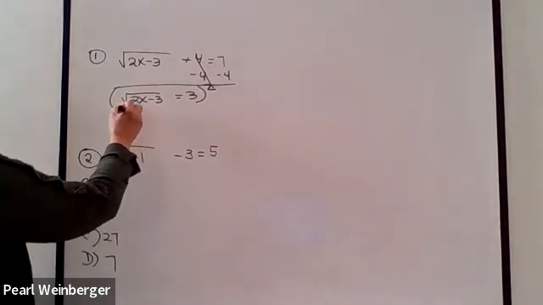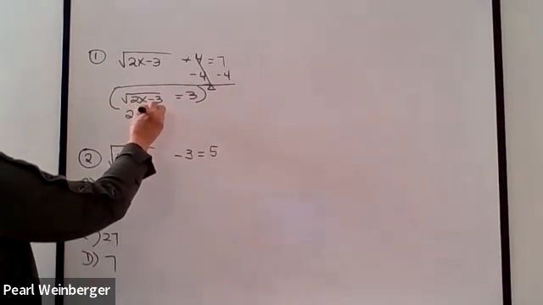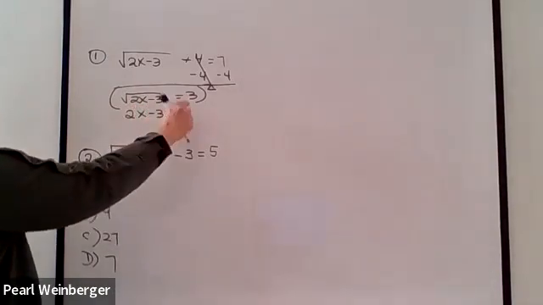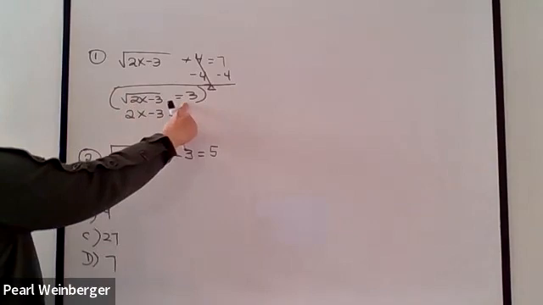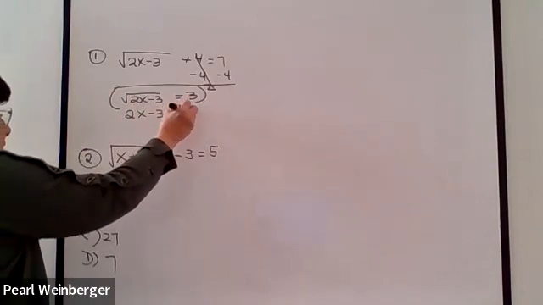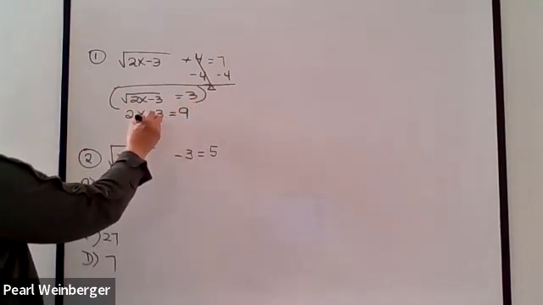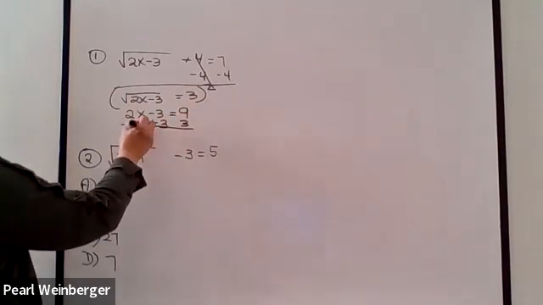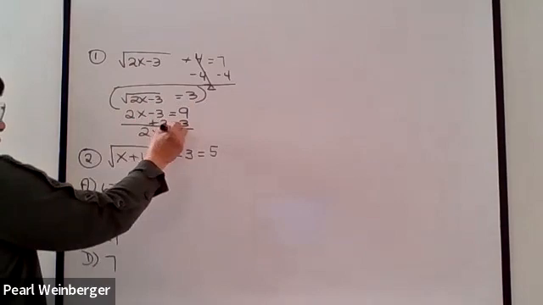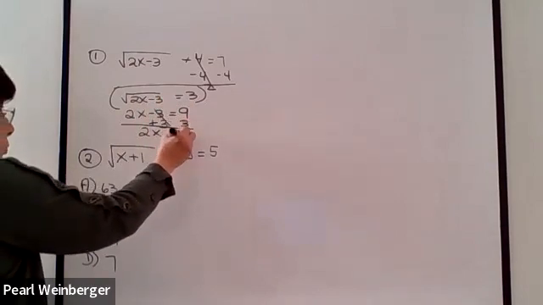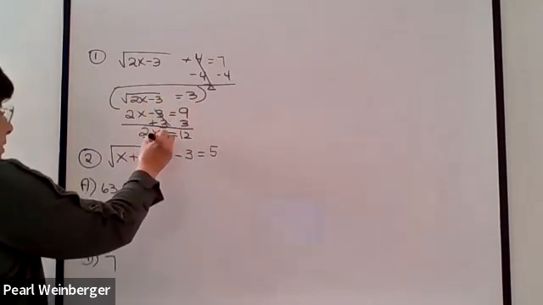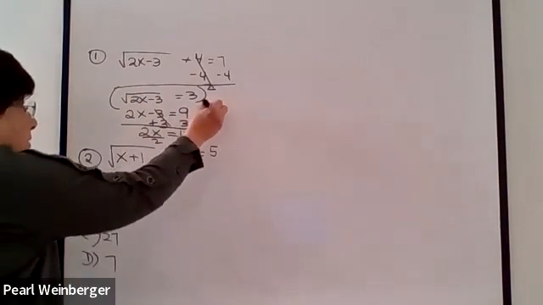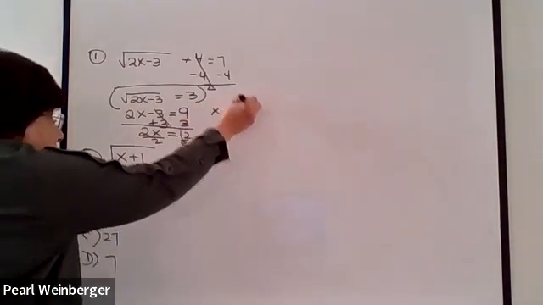This side will become 2x minus 3. And this side will do 3 squared, which is 3 times 3, and get 9. I'll then bring this 3 to the other side, because now we have just a regular equation. We have 2x equaling 12. And dividing by 2, we get x equal to 6.